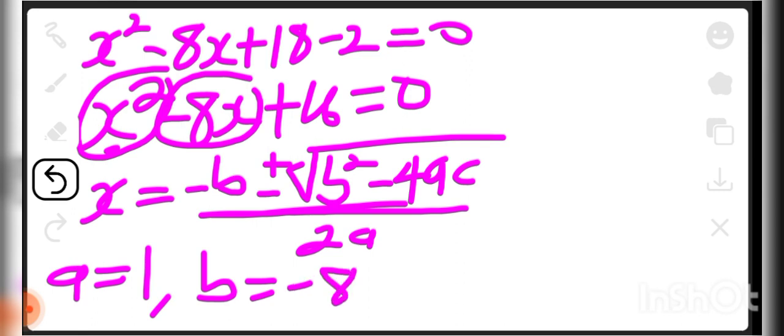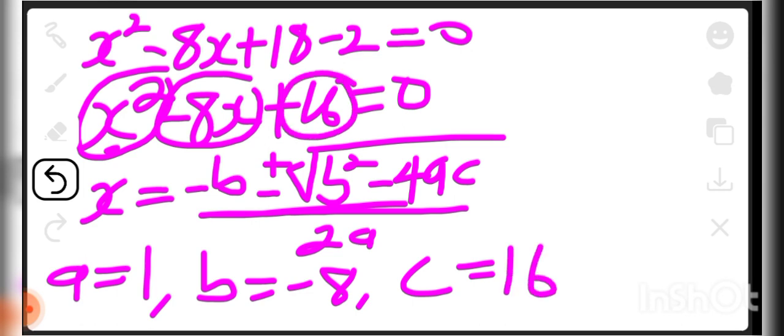That is b, the coefficient of s, which is minus 8. Then c means the constant that doesn't have any unknown, which is 16. So the next thing, I'm going to substitute a, b, c into this formula to see what we are going to have.